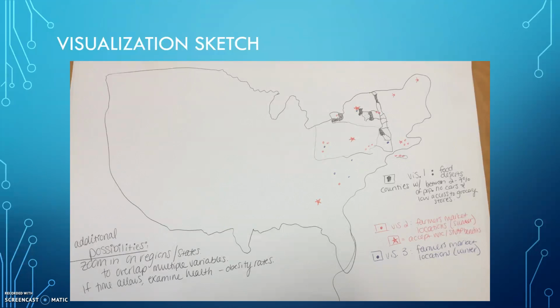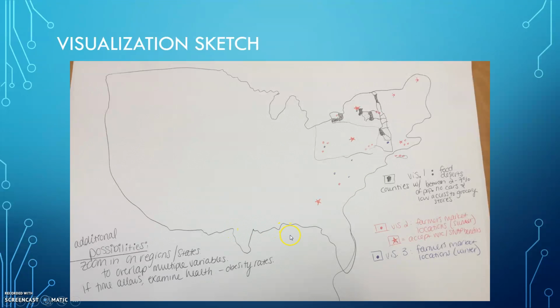Those would be a different color than the other scatter plot points. And then if I have the time, I'd like to zoom in on specific regions, maybe do just the Northeast, just the West Coast, maybe the Plains states. Take a look there, take a look at the South.